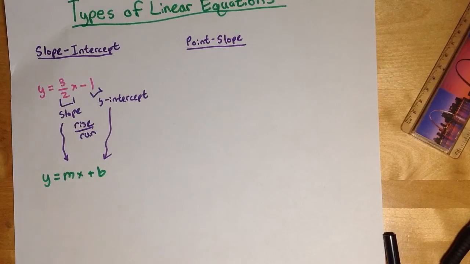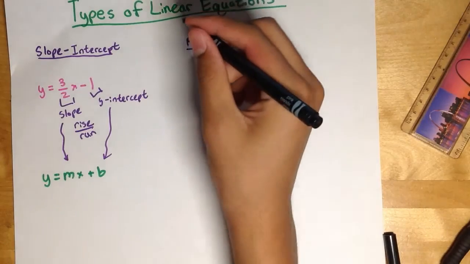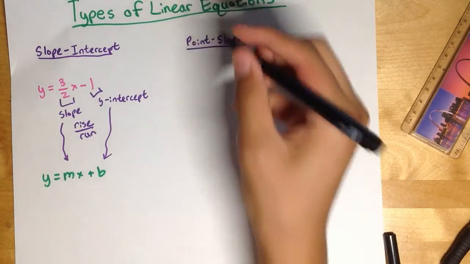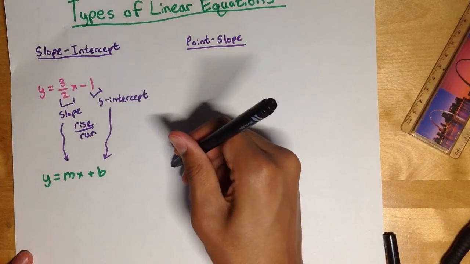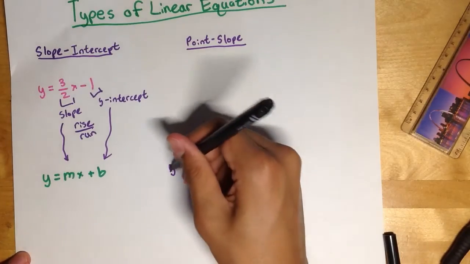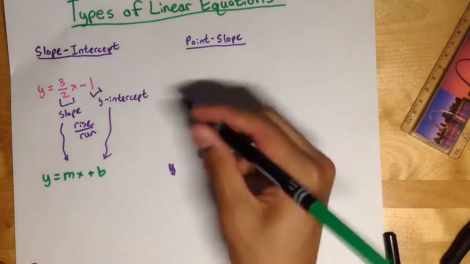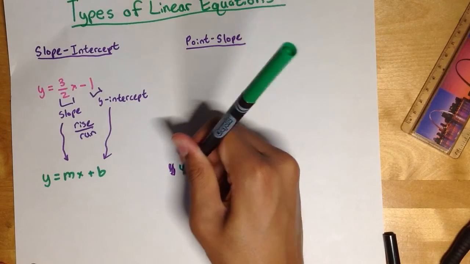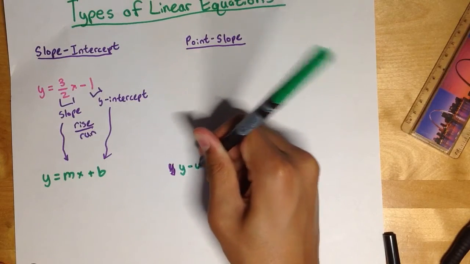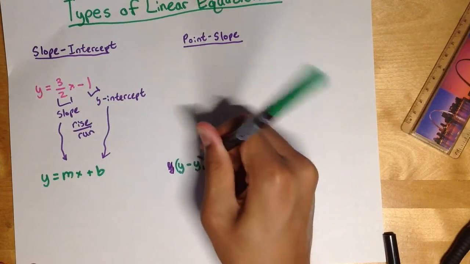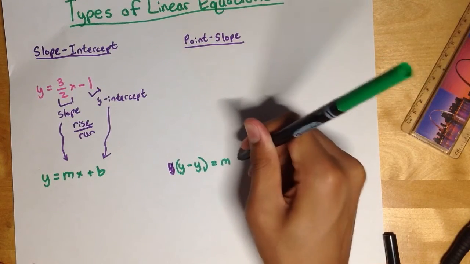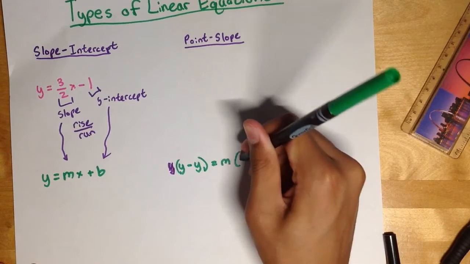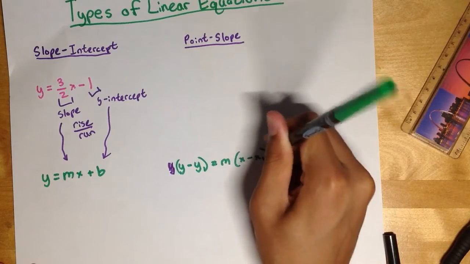Point-slope form, right? Let us look. Basically, it's in this format. Y minus y1 equals m times x minus x1.